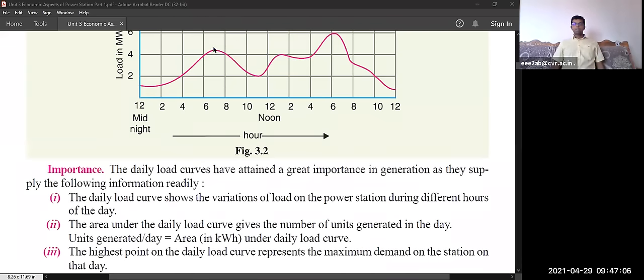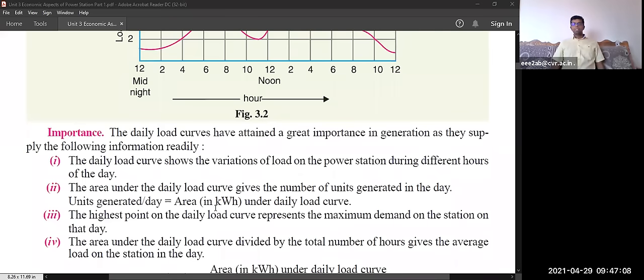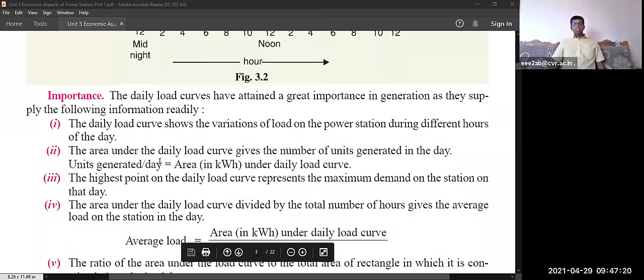From the demand we can easily analyze the generation on that particular day. That's it. So this gives the units generated in a day. That is, units generated per day is nothing but the area in kilowatt hour under the daily load curve.